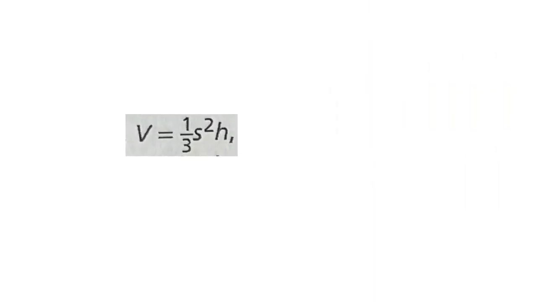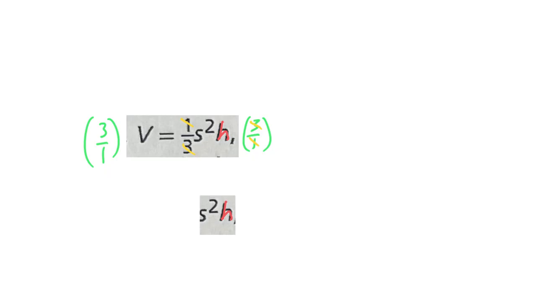Now, I am a fan of getting rid of fraction coefficients by multiplying both sides by the reciprocal. And that would look like multiplying both sides by 3 over 1. Cancel, cancel, cancel, cancel. Next thing you know, you have this completely by itself.